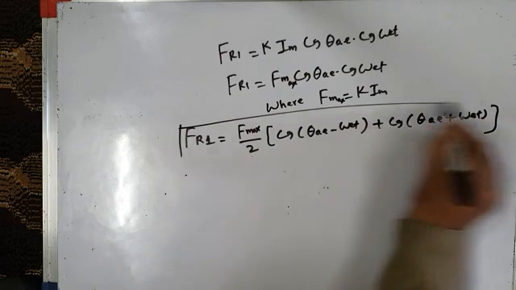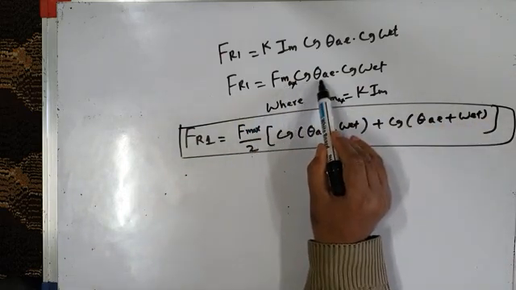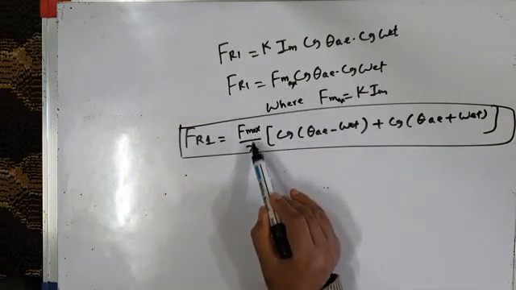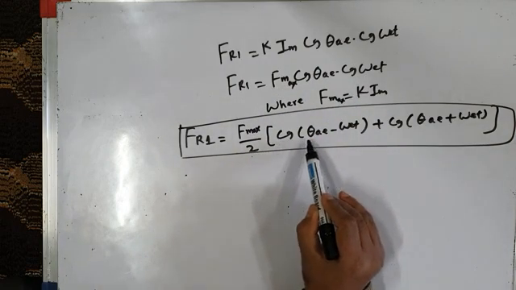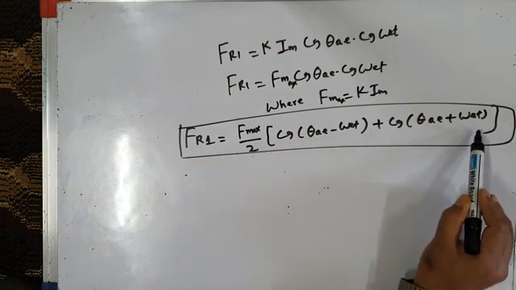What is the origin of this equation? My FR1 is basically F max cos theta AE into cos omega ET. This can also be written as F max by 2 times cos of theta AE minus omega ET plus cos of theta AE plus omega ET.